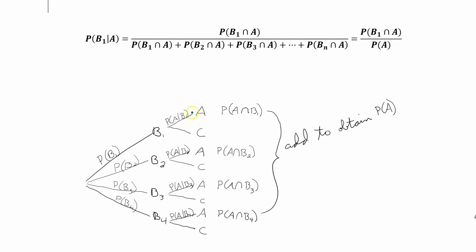And we know that the second branch is the probability of A given the first event B sub 1 occurred. And then the second branch down below is the probability of A given B sub 2. And if we multiply branches together, we find the intersection of the first event with that second event A.